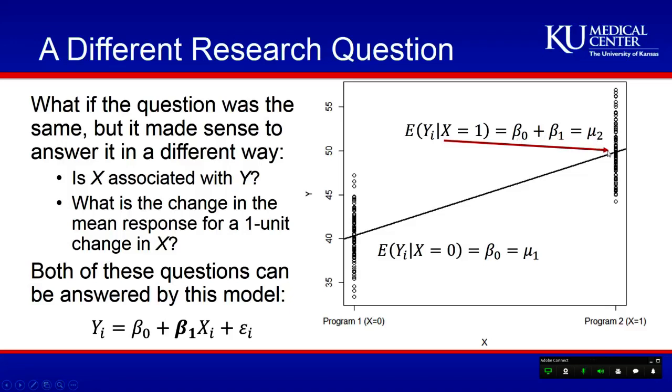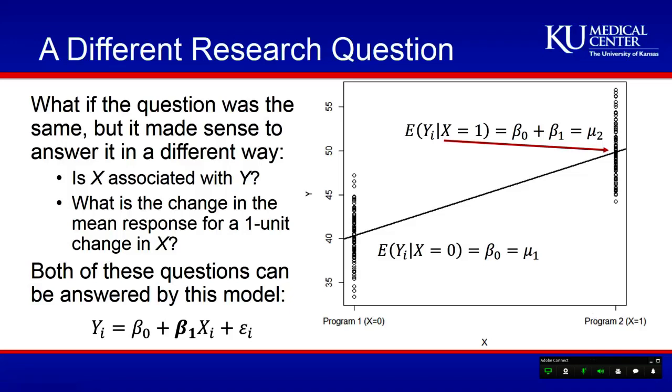So that gives us mu 2. So getting beta 0, I could fit a linear regression model to this data. You see the scatter plot now, right? You see the scatter plot of the individual observations. A line does look like it will do a good job, but it's misleading in the sense that X is only ever equal to 0 or 1 to indicate program 1 or program 2.